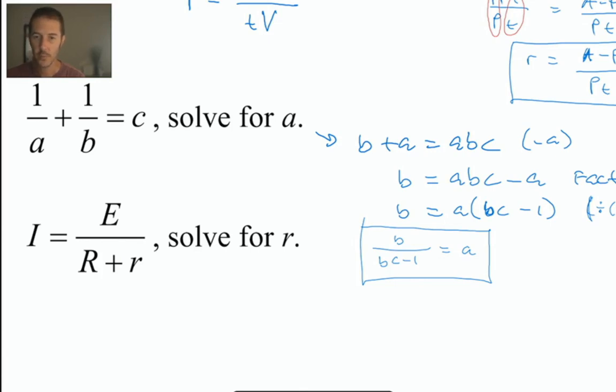Just those terms. Right here's the ABC and the minus A. Get those terms isolated on one side of the equation. Factor your desired variable out of those 2 terms in this case. So I got that A out of there. And then I got rid of this stuff by dividing both sides of the equation by those leftovers.